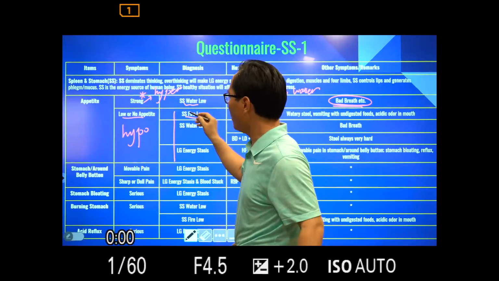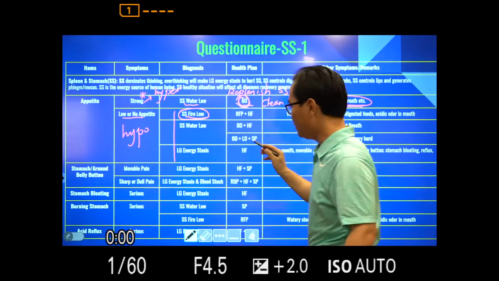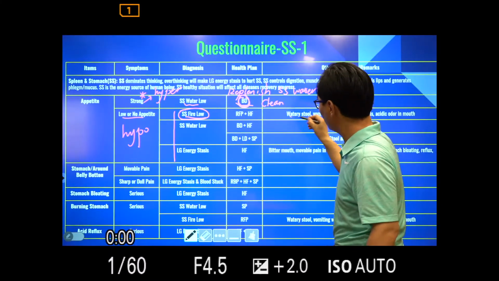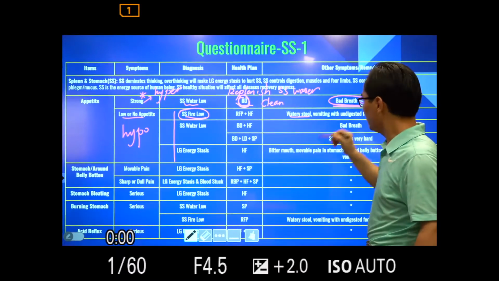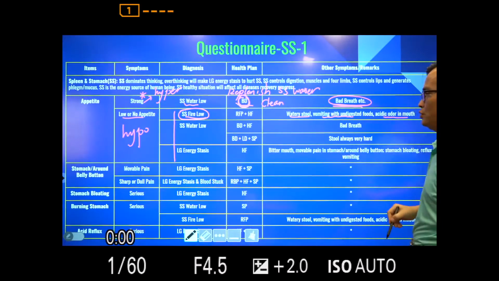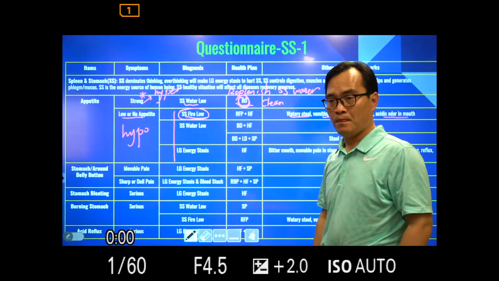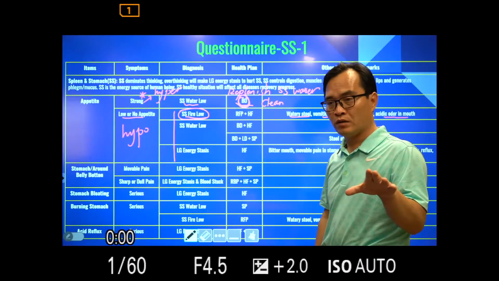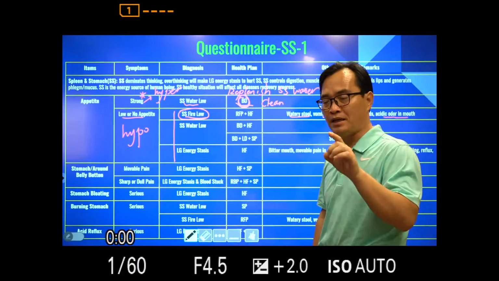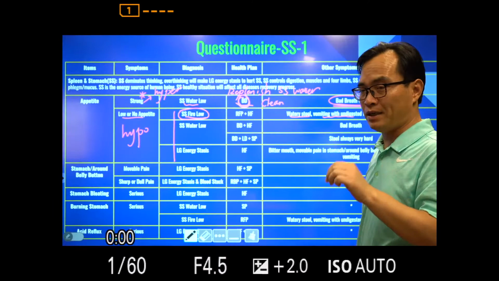But if the low or no appetite is SS fire energy low, generally it will combine with symptoms like watery stool, or vomiting with undigested food, or acidic odor in mouth, or we feel cold. So if fire energy is low, there must be fire energy low symptoms in the people for confirmation.